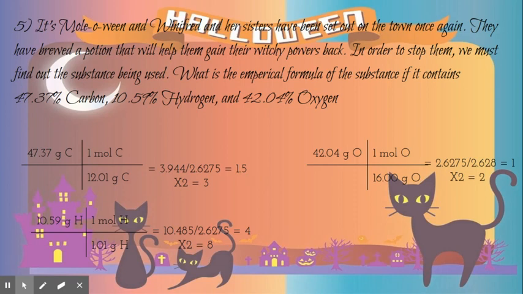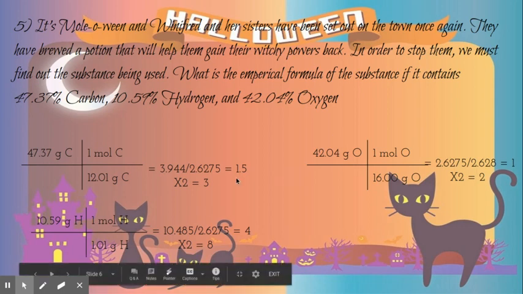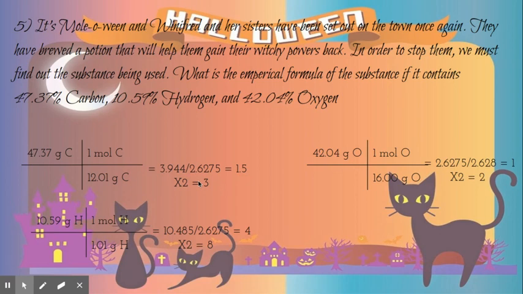And since we can't have a decimal or a fraction in our formulas, we have to multiply it by a number that will give us the closest whole number. And since you do that, you multiply by 2 to get 3, and you have to do that for every other individual one. And then you get C3H8O2.